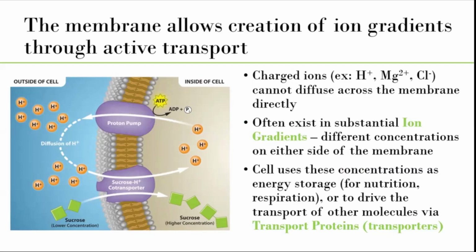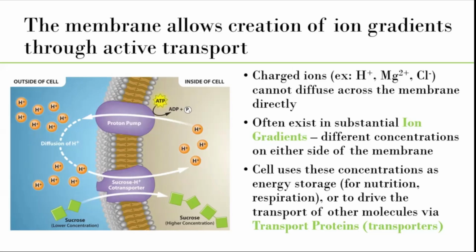Then we can use different proteins to allow them to passively move back in. And that movement of charged particles is basically electricity. So it's powering the cell to also move something against its gradient. We capture the energy of this moving through the protein to also move something from low to high concentration.